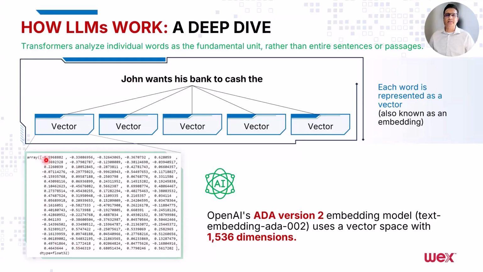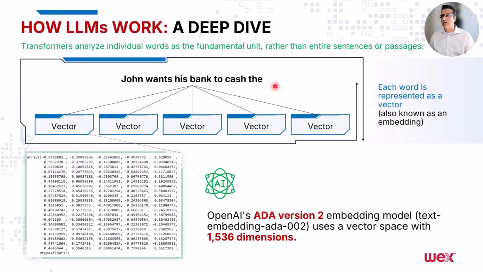It's essentially a set of numbers. As I said, OpenAI's embedding model called Ada version 2 has 1536 dimensions, which means every word, if you embed it using Ada version 2, is represented by 1536 floating-point numbers like these. So the first thing it does is create vectors like these for each of these words.